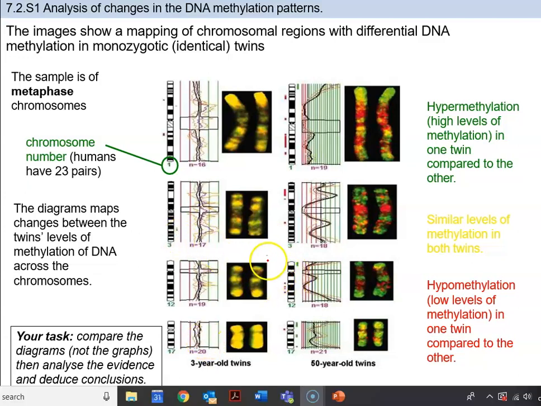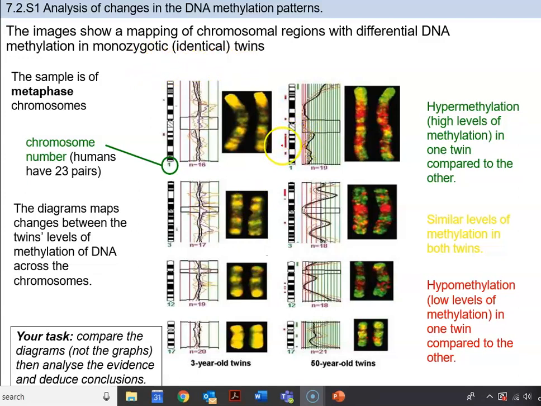Okay, did you read? So there are two things that you can compare. First of all, these diagrams are showing the methylation. The images show the mapping of chromosomal regions with differential DNA methylation in monozygotic identical twins.